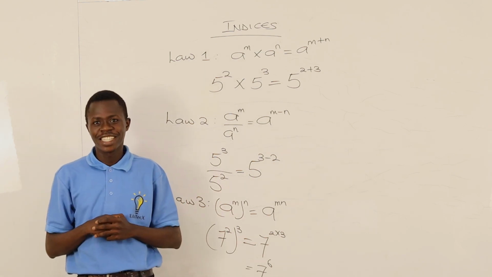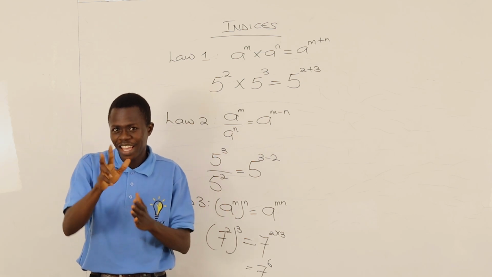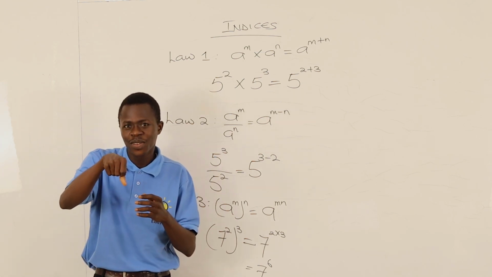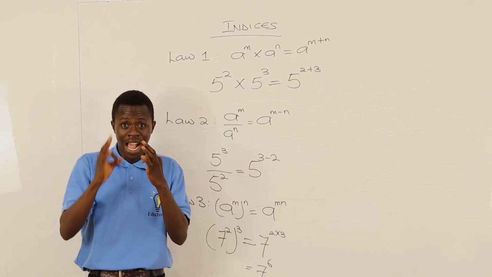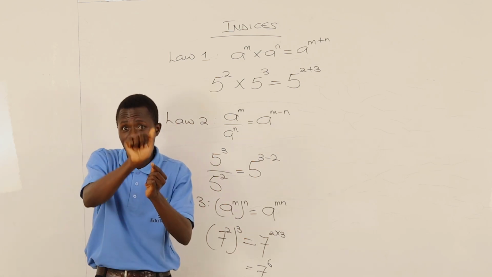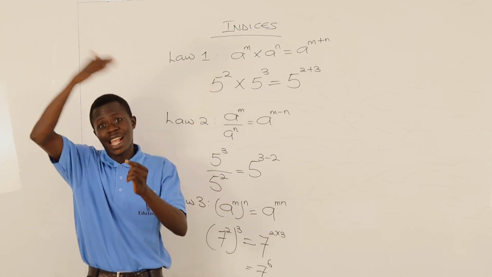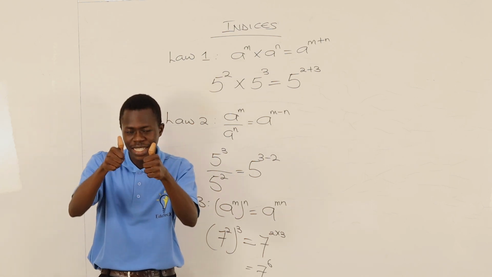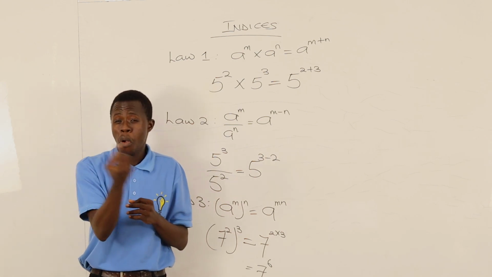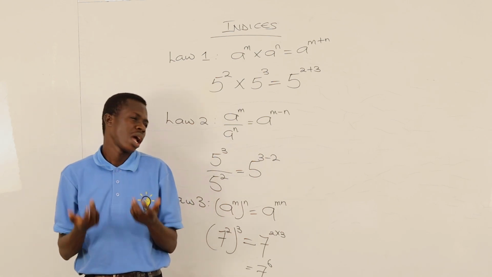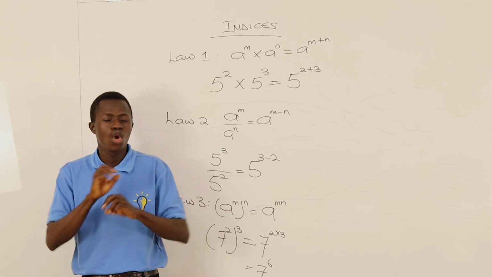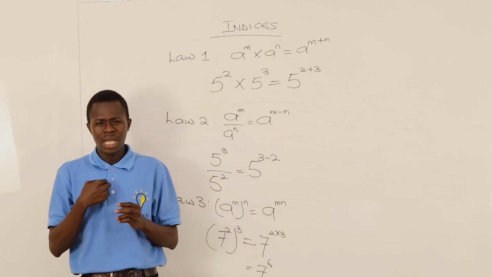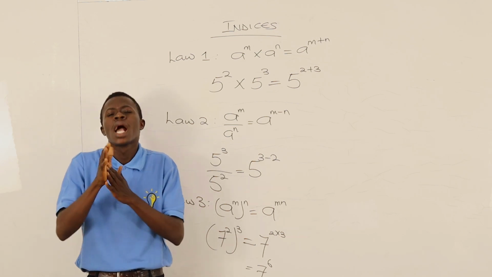Do we add? No. We subtract the powers. Then law 3 also says that when we have the expression a in one bracket raised to the power m multiplying an exponent outside the bracket n, we multiply the exponents. So you wouldn't have any problem actually dealing with indices problems if you actually know how to apply these laws.